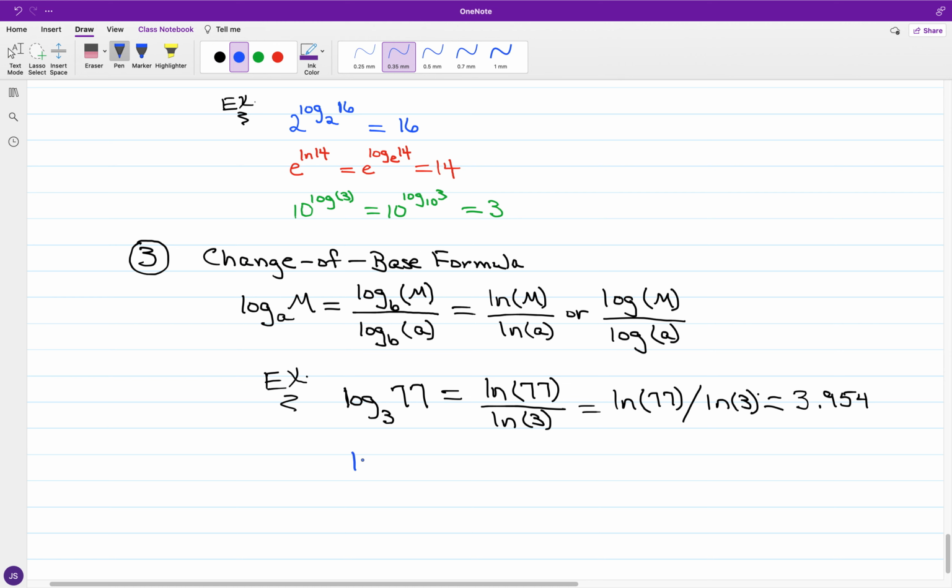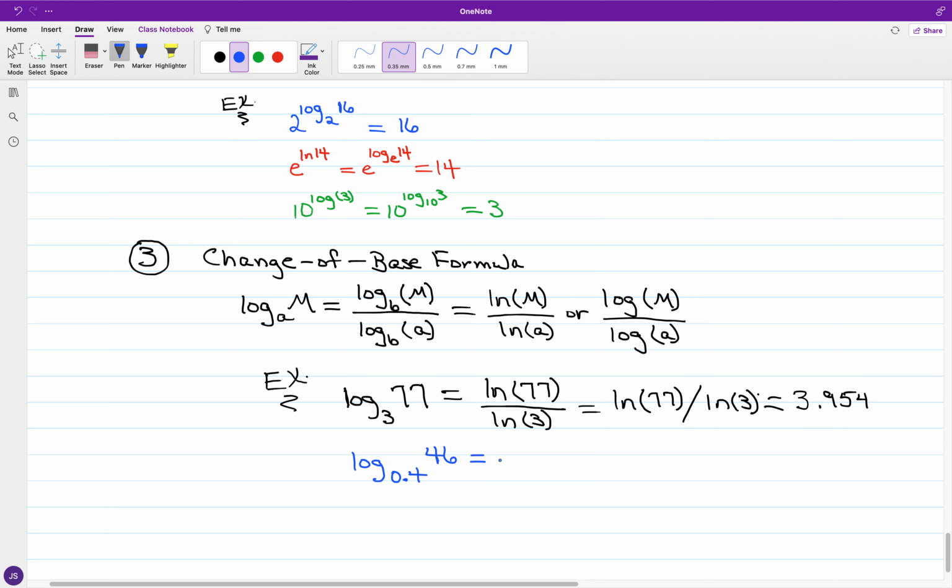And if we have something with a decimal, say I have a logarithm where the base is 0.4 and I'm taking 46. So a is 4/10, and m is 46.